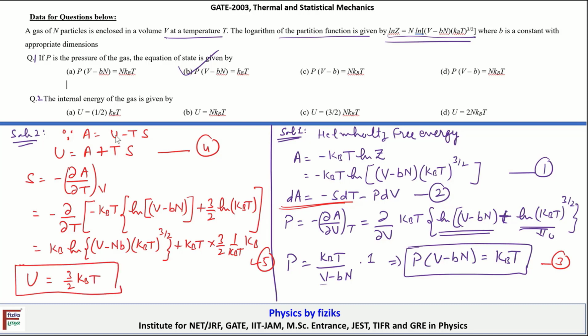Okay, so U is equal to 3/2 kB T. Yes, for n, because we have to figure out the result for n particles. So for n particles, let's call the total energy U dash, that is equal to n times U, that is equal to 3/2 n kB T. Therefore option C is the correct option here.